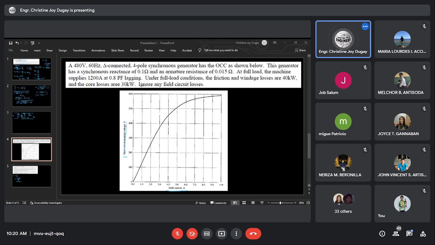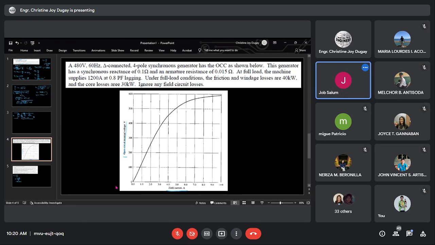What would be the value of our field current? It is around 4.5 to 5. Dividing this, this one is 450, and the values go 50, 60, 70, 80, 90, 100. It could be probably there.